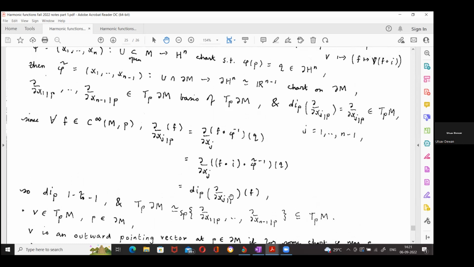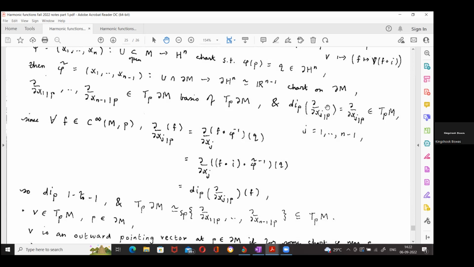Yes? Okay. So that means that this DIP maps the basis of TP del M, del del x1 to del del xn minus 1, to del del x1 to del del xn minus 1, which is a linearly independent set in TPM. So therefore, DIP is 1 to 1, right?